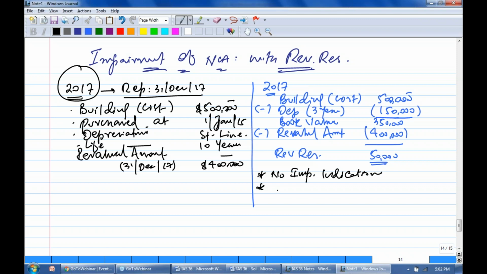And number two, the company has a policy that does not transfer any excessive depreciation from revaluation to retained earnings. This is a part of IAS 16.